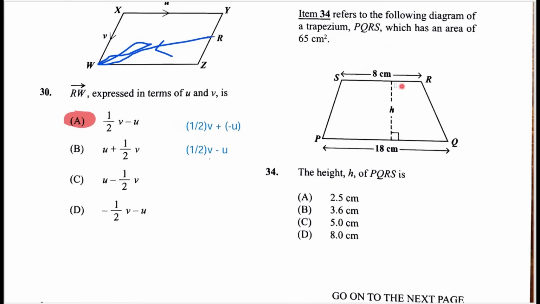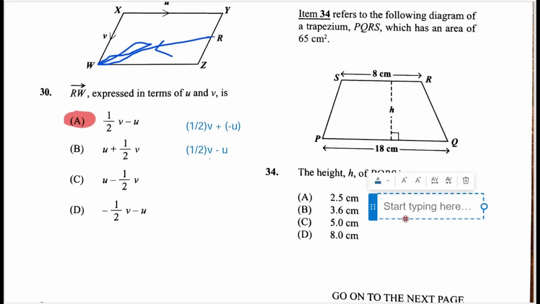34. Diagram, trapezium PQRS. We could see it has an area of 65 cm squared. Find the height. So we need to do some manipulation here. Area is 65, and the formula is half into (A plus B). A is 8, B is 18, by your height. Cut that across, that'll become 2 by 65, and that'll be equal to 130.